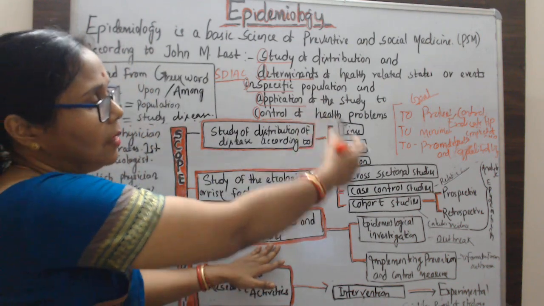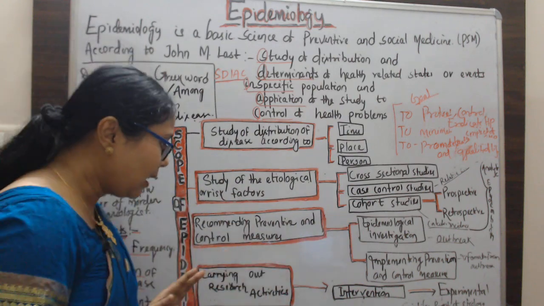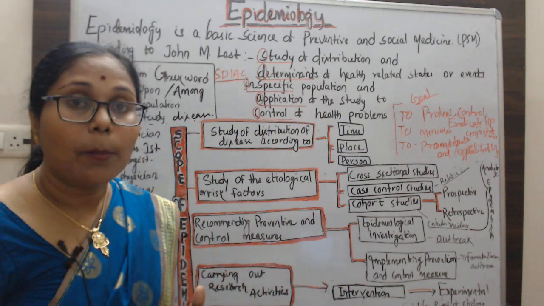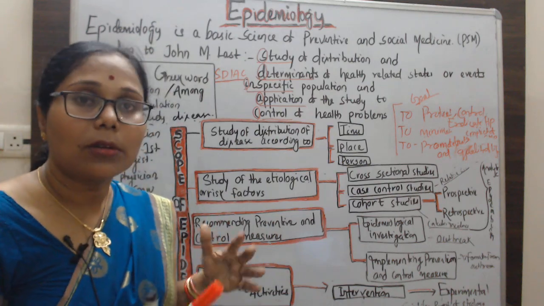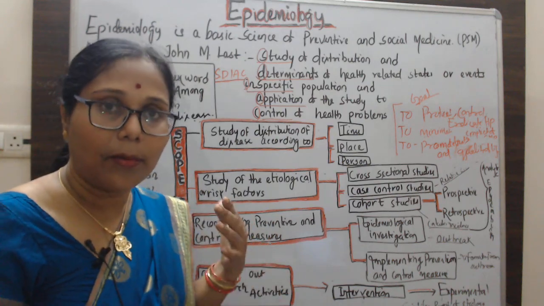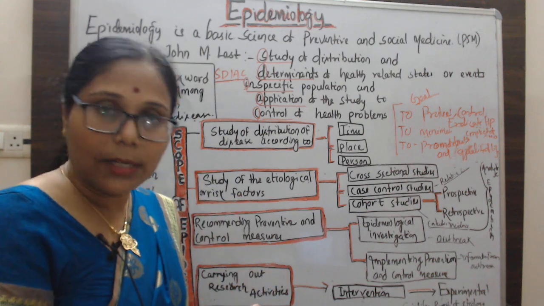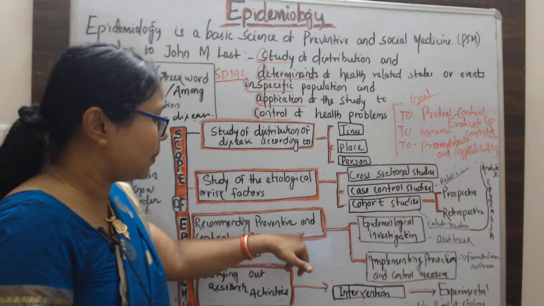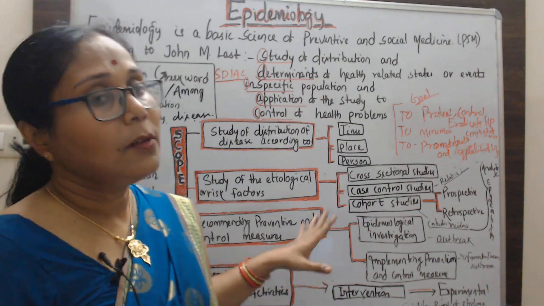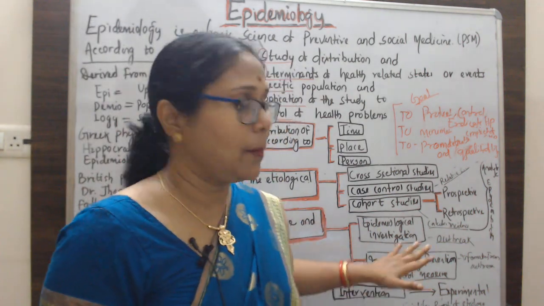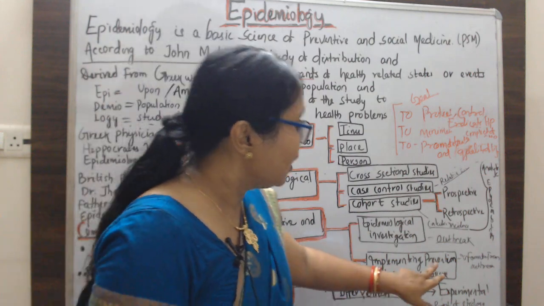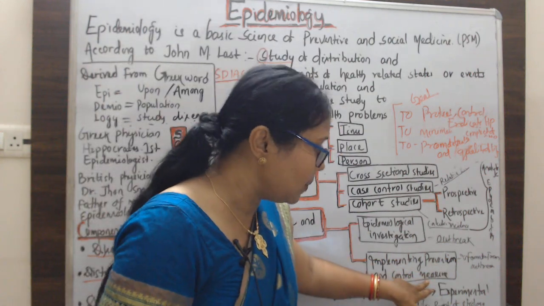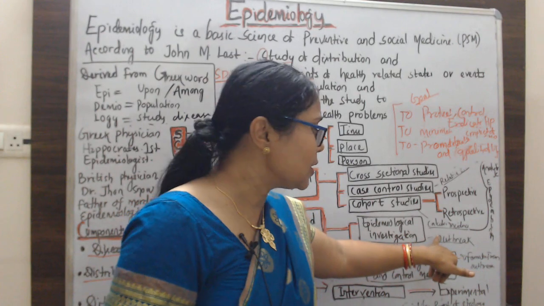After this study we get the information, and that information will be helpful for prevention and for taking control measures, deciding what measures we will take to control the disease. So that is recommending the preventive and control measures. It works in two ways: the epidemiological investigation, and the implementation of preventive and control measures. In epidemiological investigation, what do we find?